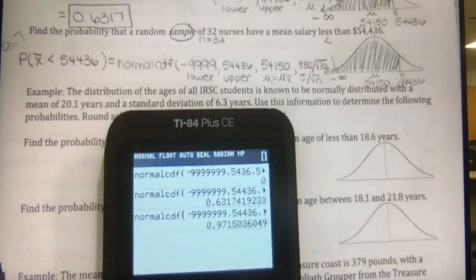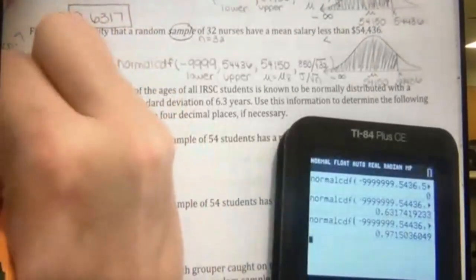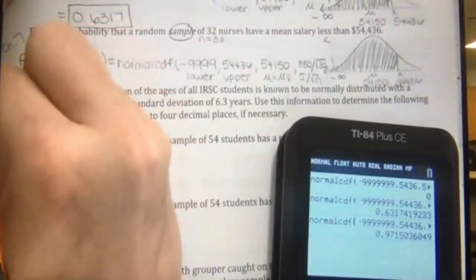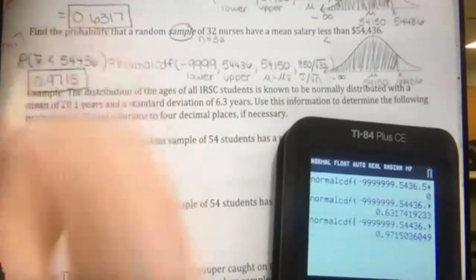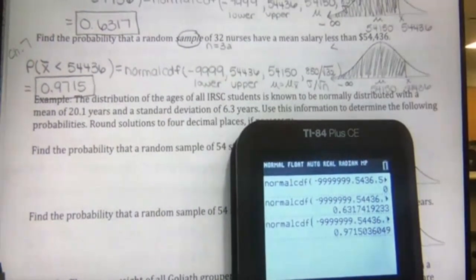Pressing paste, pressing enter, there's our answer. So we get 0.97150, so it'll round to 0.9715. So looking at the same thing side by side, that's the only thing that's different.